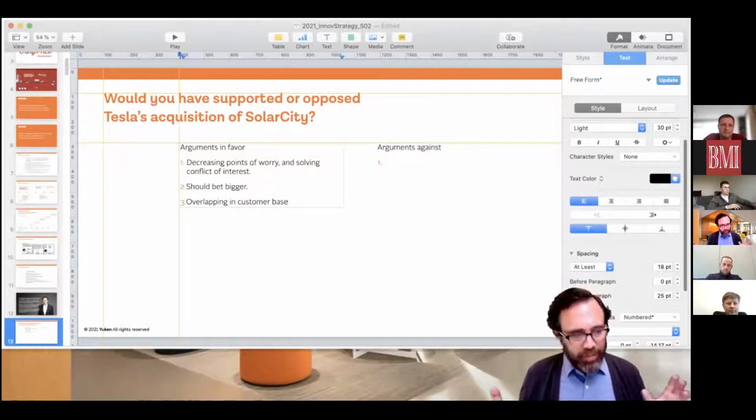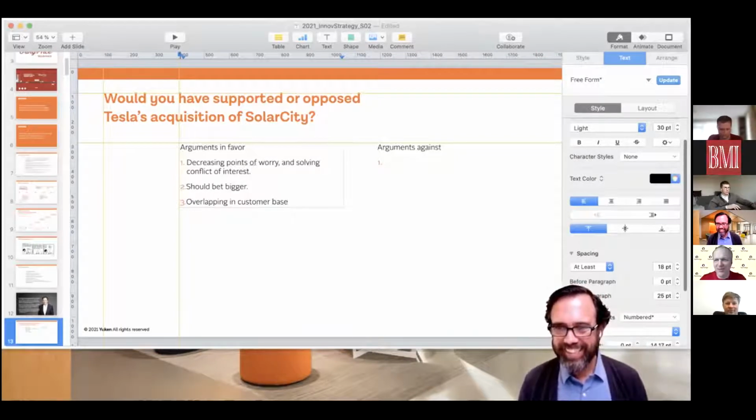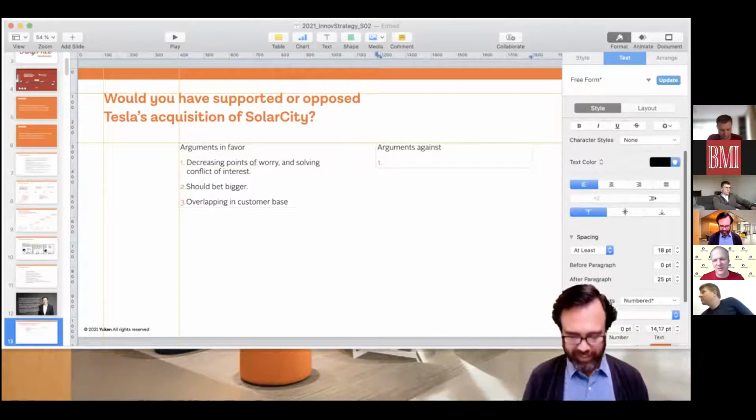And what about SolarCity's financial health, for instance? Marius, why are you laughing? Our group voted against, because the arguments for were based, as others said, on belief in Elon Musk, but not on figures or financial situation.